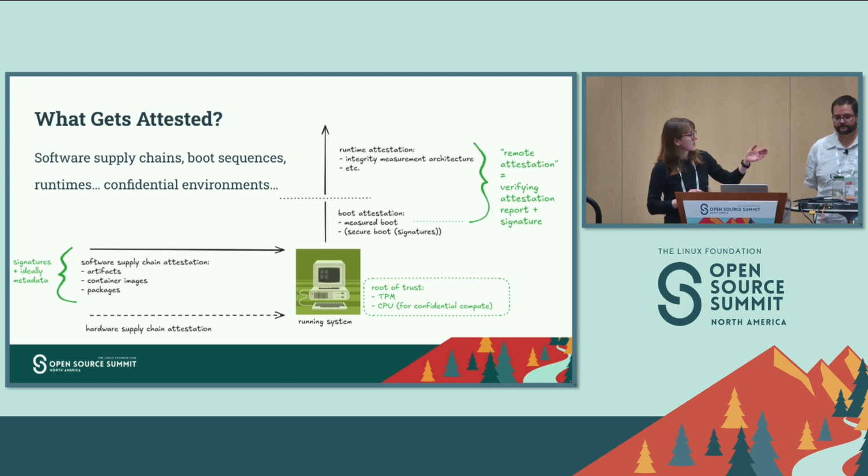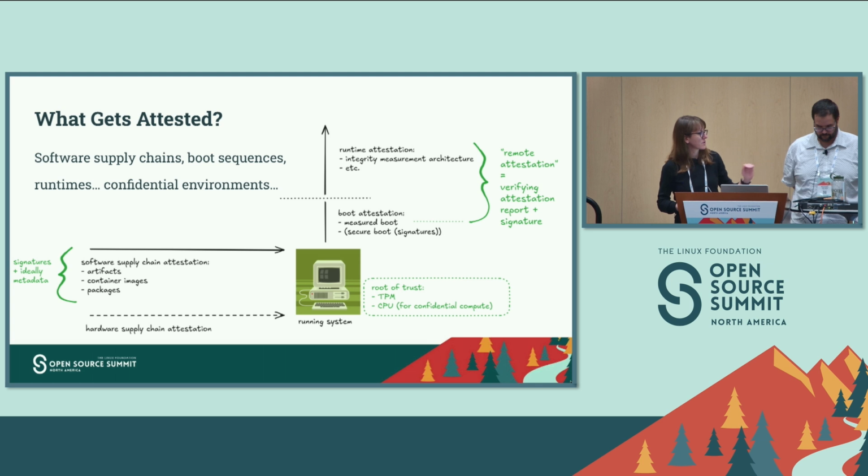Basically, we see here on the left, we have software supply chain attestation. So these are the signed metadata and especially the signatures on the packages, the artifacts, and everything that goes into what will become a running system or something that's deployed somewhere. So when you get to the end of that arrow, you have this friendly green computer that represents a running system.